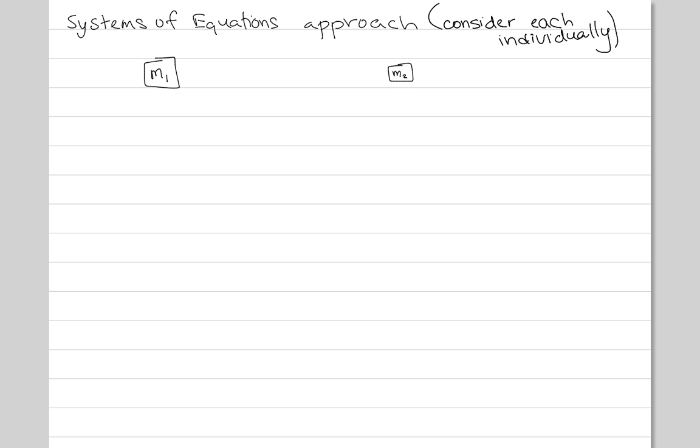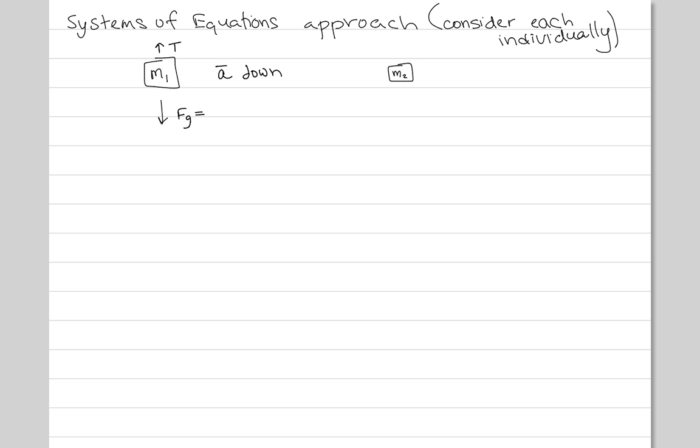Like in math, if you have two equations and two unknowns, you solve them. Good. So that's what's happening here. Okay, let's take a look at mass 1. What was happening on mass 1? You had a force due to gravity, and you had a tension force. And its acceleration is down.